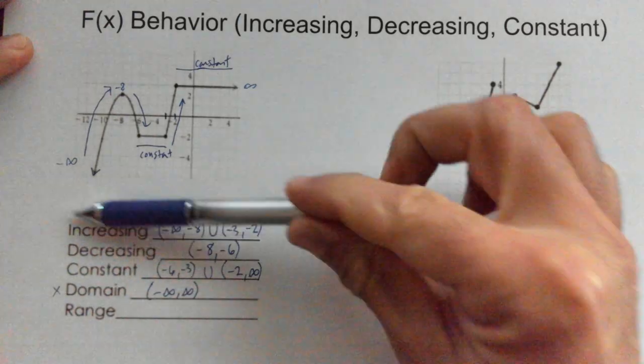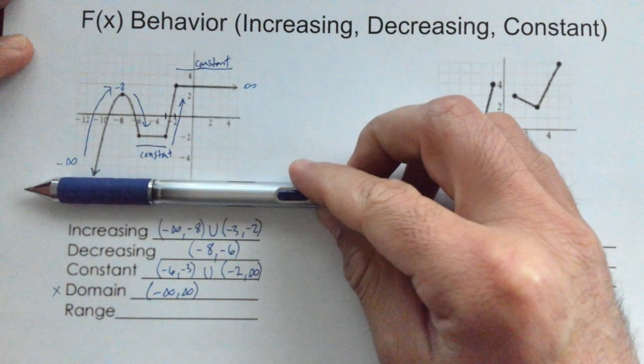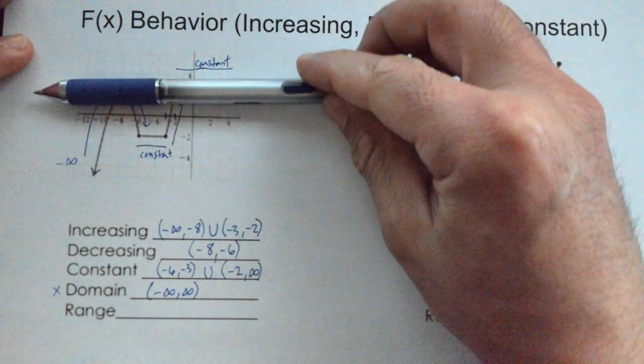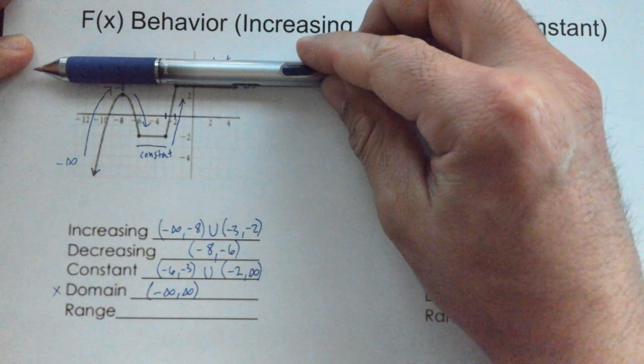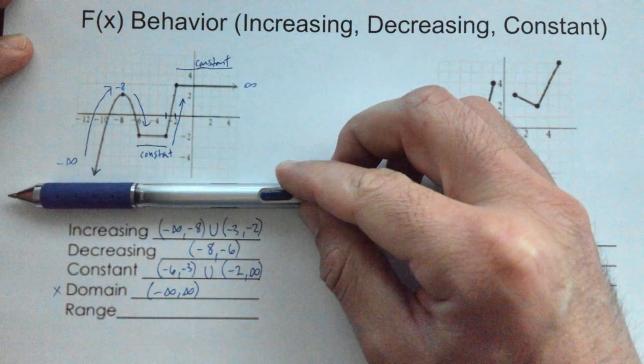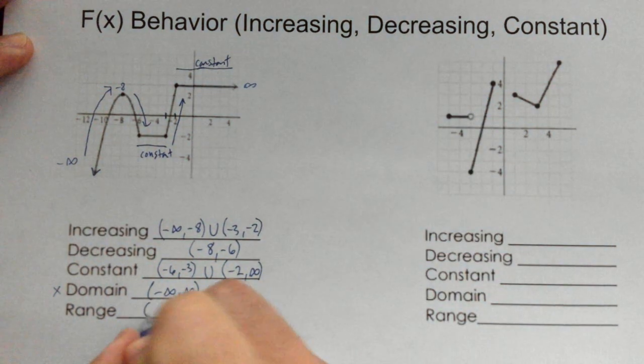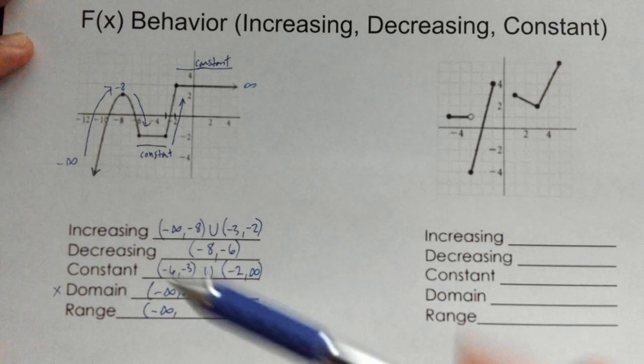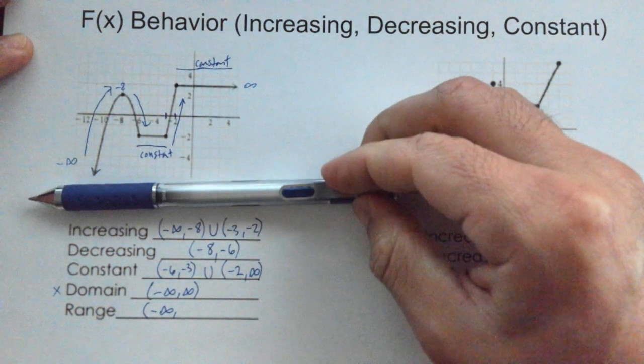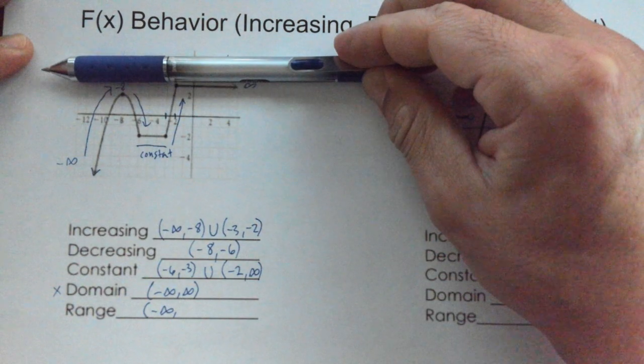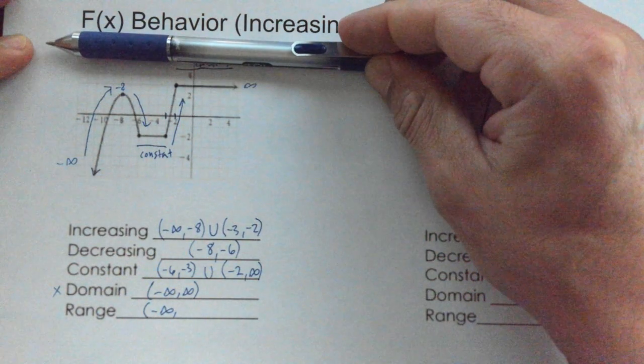And the range is vertically from lowest value to the highest value, right? The lowest it will be is negative infinity. And the highest value on our graph will stop at 3. Notice how nothing goes beyond 3.